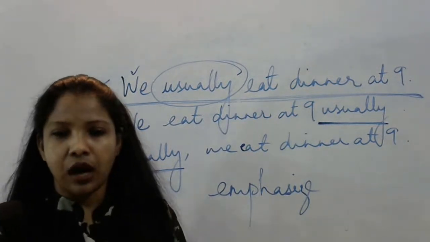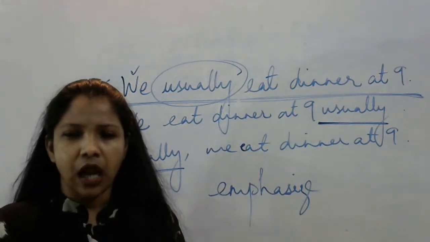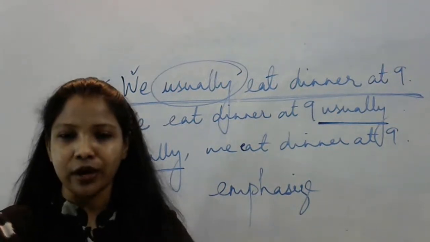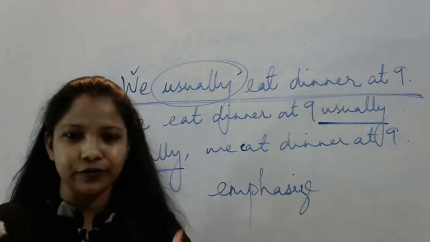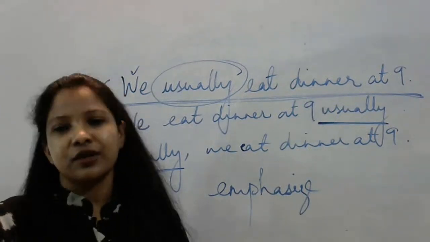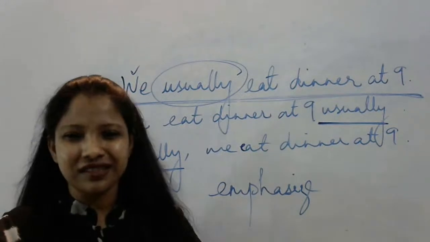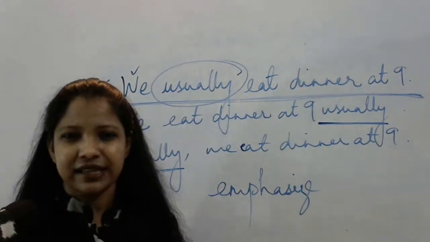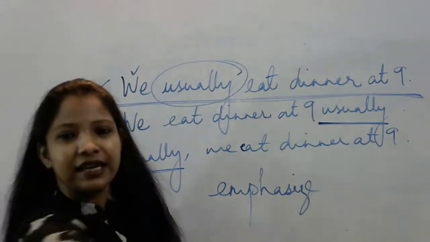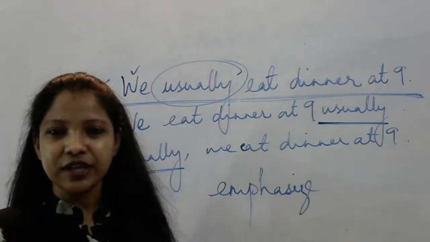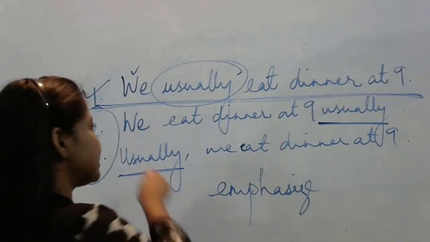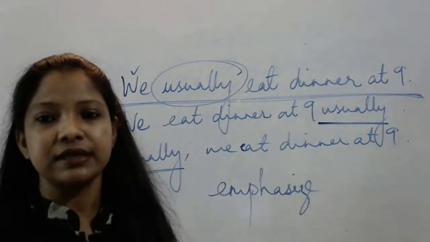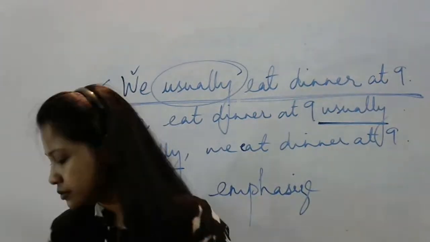Let's say your stomach is filled and somebody is offering you some food and you say no, my stomach is filled. And the person is like, no, please ले लो, थोड़ा सा खाओ. And you are like, no, I said no. So what are you doing? You are emphasizing, when you are forcefully telling something. So when we emphasize the sentence, we place it usually at the end or at the beginning. I hope it is clear till now.